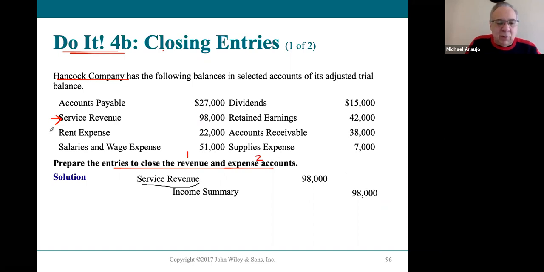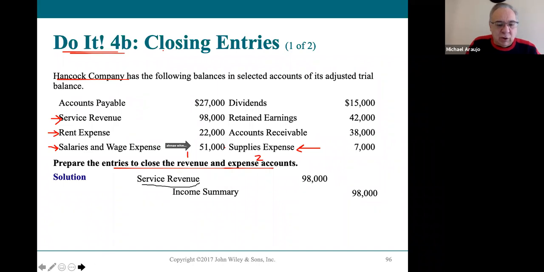Then you have to look for the second step, which is all your expenses. So we have an expense here, we have an expense here, and we have supplies expense right here. So those three expense accounts need to be closed, right? Expenses will have all their balances on the debit side. So each of these accounts needs to be brought to zero on the credit side. The total is going to go to income summary.